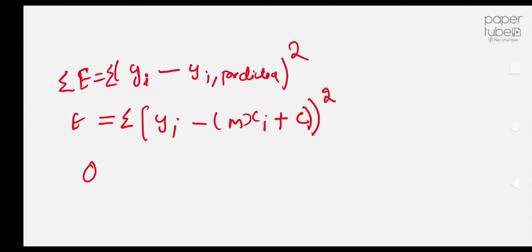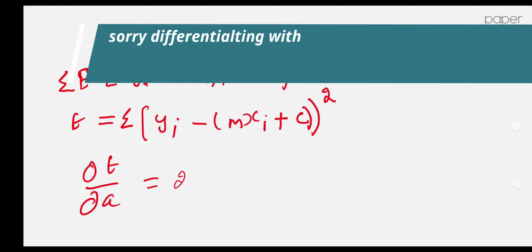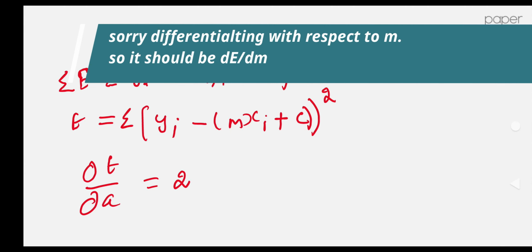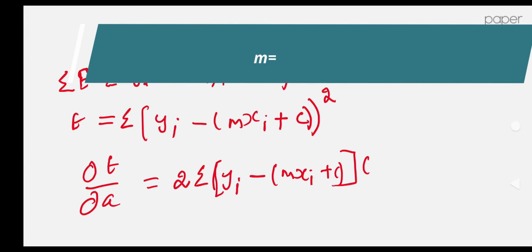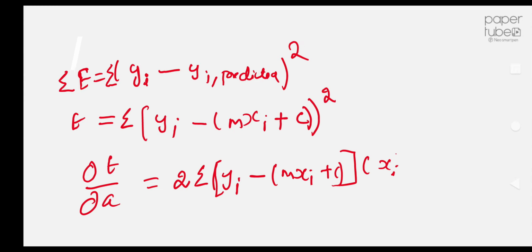So we have to differentiate the error with respect to m. So how do you differentiate? This will be equal to 2 times the summation of y of i minus (m x of i plus c), multiplied by, as we are differentiating with respect to m, x of i.